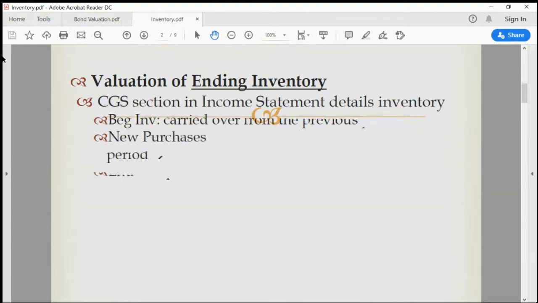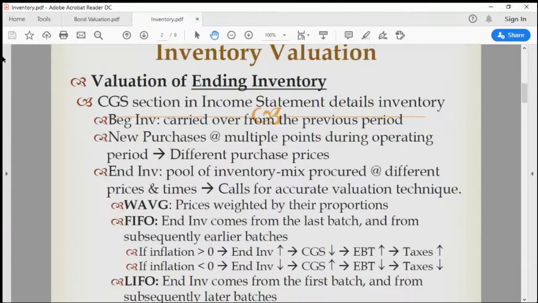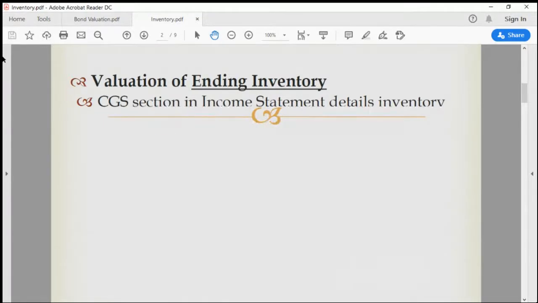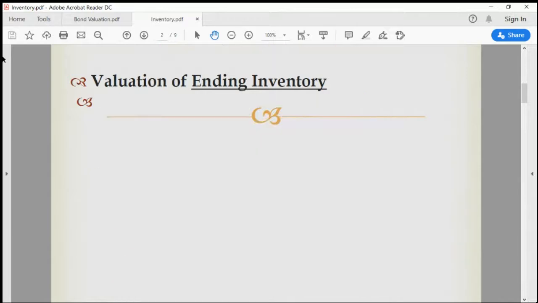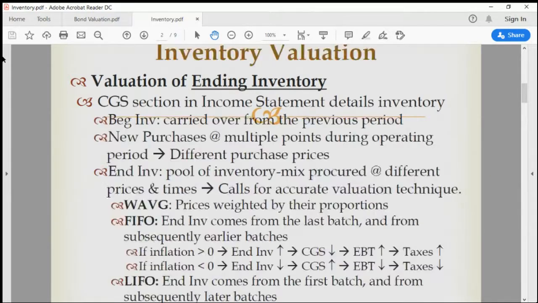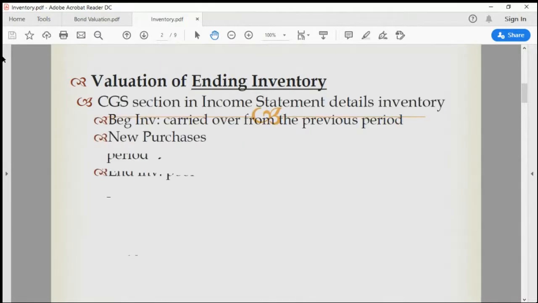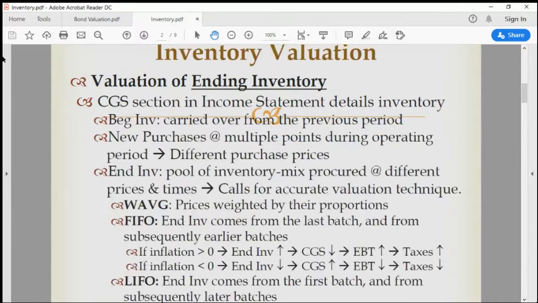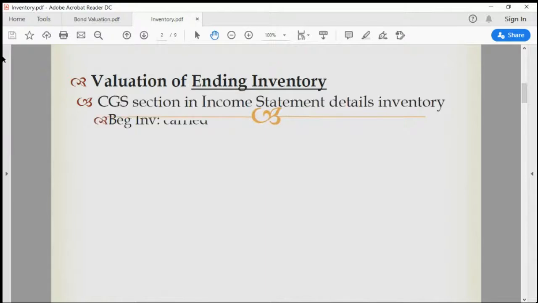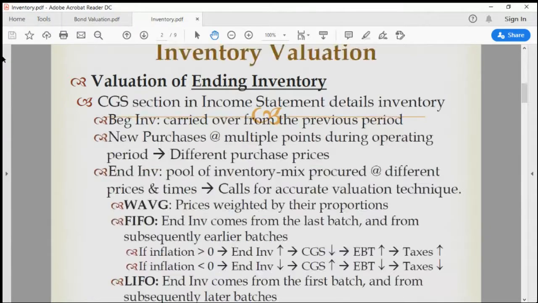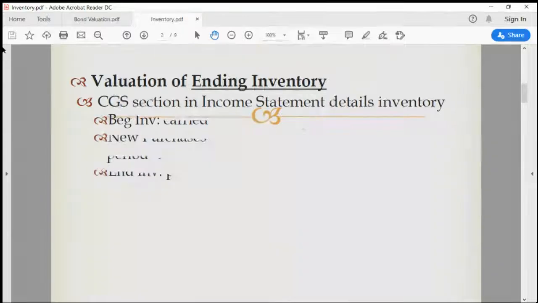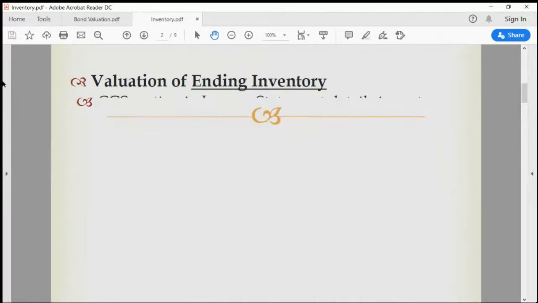But as I said, most companies have a lot of incentives to minimize their taxes, right? So there could be an overstatement of cost, because if CGS is overstated, then EBIT will be mitigated, and if EBIT is mitigated, then EBT will be mitigated. So then tax will be mitigated, right? The same tax rate applied to the mitigated EBT would result in a smaller tax amount.